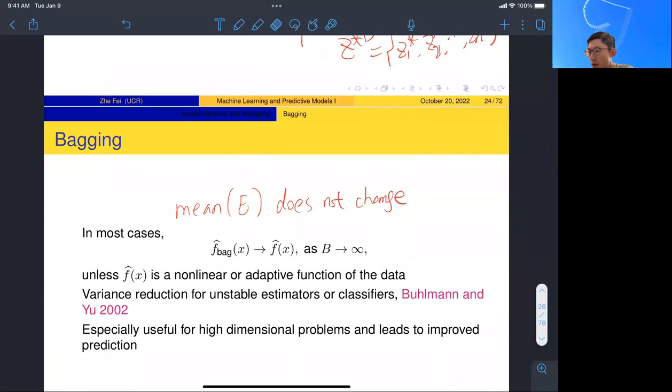And at the same time, we want to achieve the variance reduction, unless f hat is a nonlinear or adaptive function.